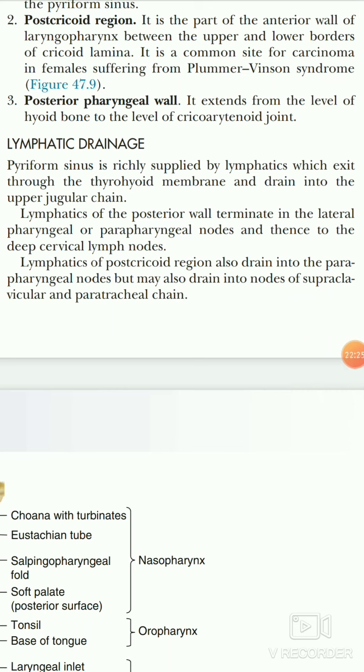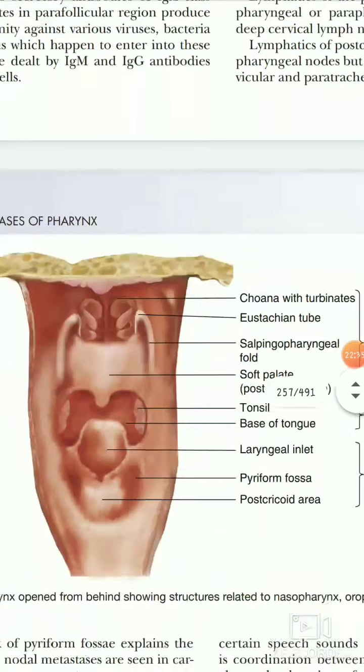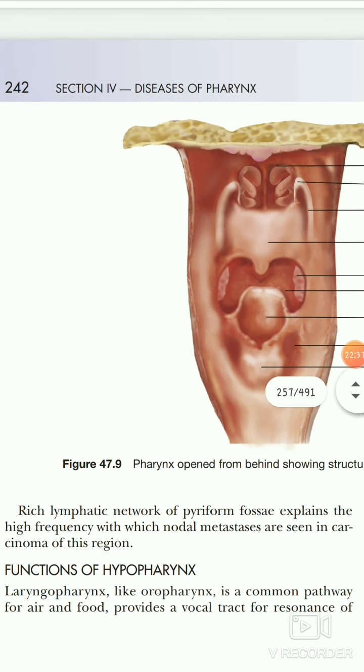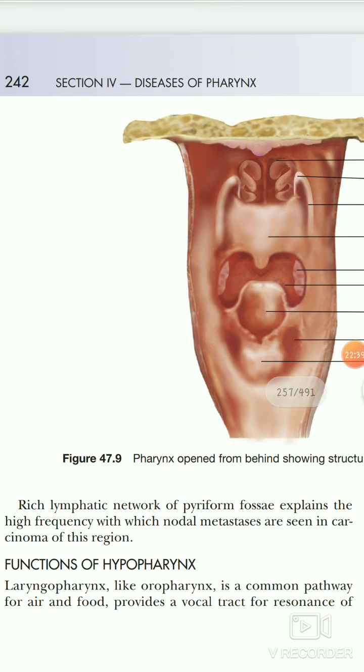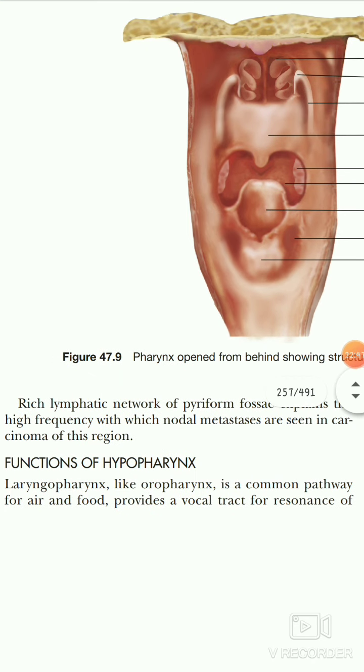Lymphatics of the postcricoid region also drain into the parapharyngeal nodes but may also drain into the nodes of the supraclavicular and paratracheal chain. The rich lymphatic network of the pyriform fossae explains the high frequency with which nodal metastases are seen in carcinoma of this region.